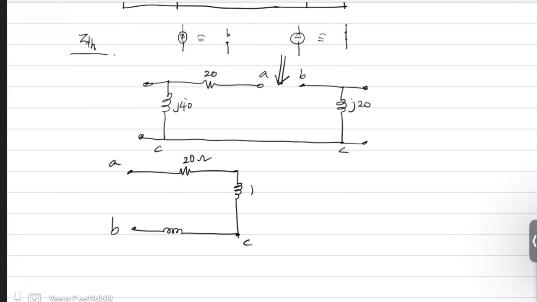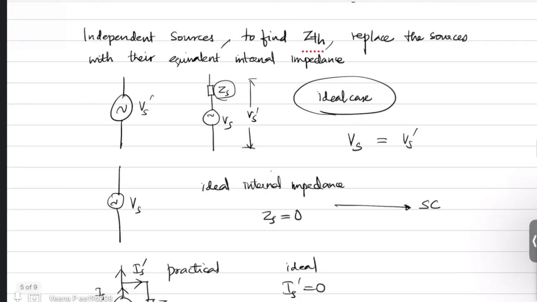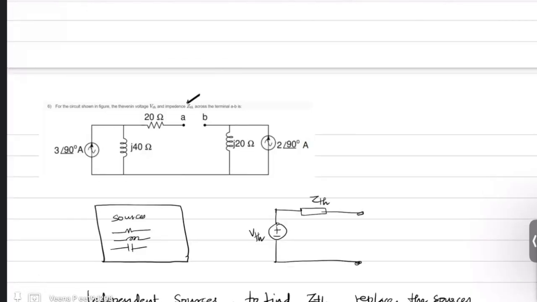So you have 20 ohms, J40, and J20. Z Thevenin is what you get when you look across AB. It is nothing but 20 plus J40 plus J20, because they are connected in series, so you can add all the impedances. So this is 20 plus J60 ohms. So you got the first part of your question, which is Z Thevenin. Now let us find out what is the Thevenin equivalent voltage.